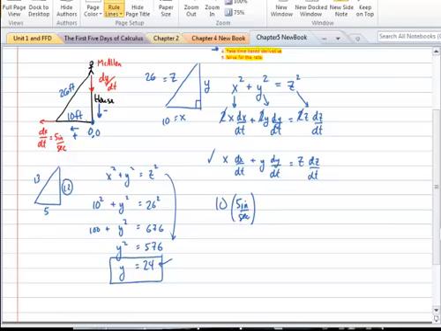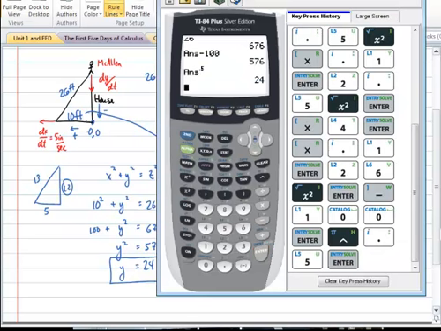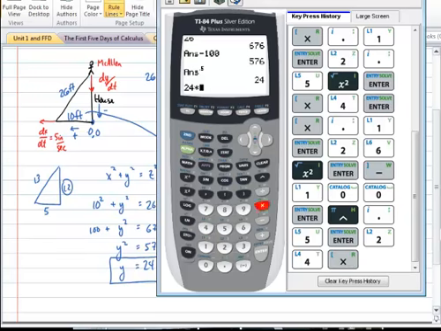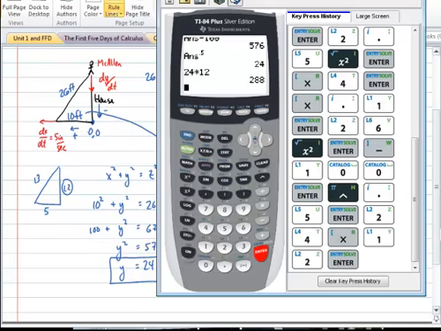And then I have a unit mismatch here. So let me change this 10 to 120 inches, because I want to be consistent with my units. 10 feet is 120 inches. Then my y value is 24 feet, so I have to calculate that. 24 feet times 12 is 288 inches.